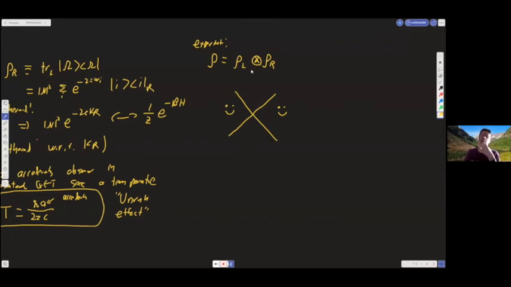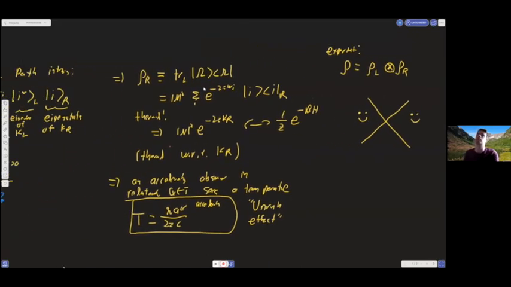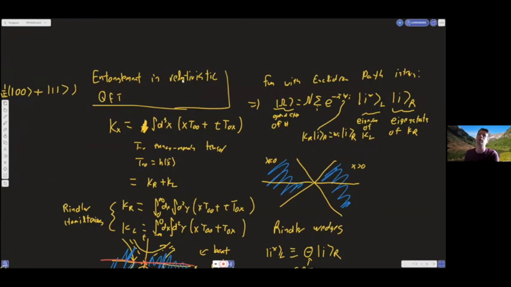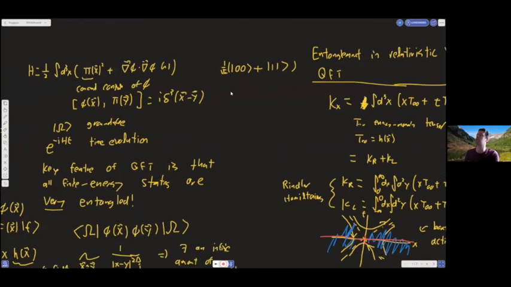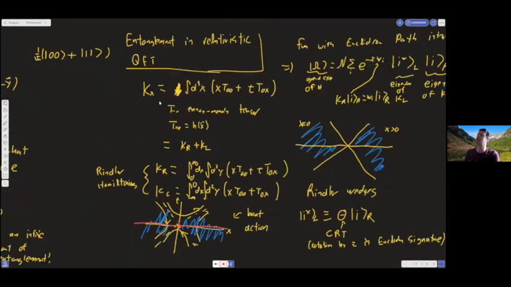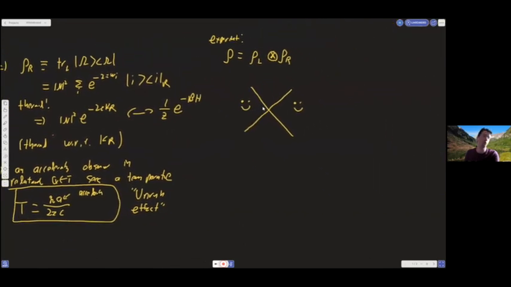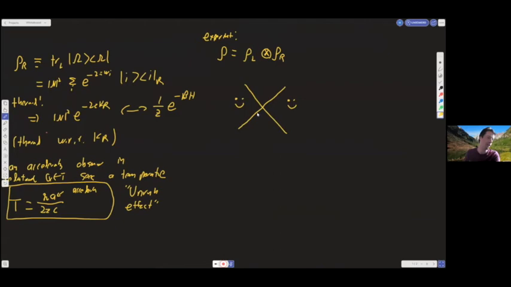But on the other hand, this is a bad state, because if you think about this gradient term in the Hamiltonian, for example, in free field theory that we were discussing over here, you can estimate what that gradient term has to say for the term sitting right here in the center.